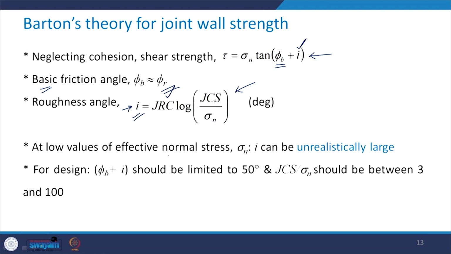At low values of effective normal stress sigma n, this I can be unrealistically large. So, for design purposes, this quantity, phi b plus I, should be limited to 50 degrees, and JCS upon sigma n should be between 3 and 100.